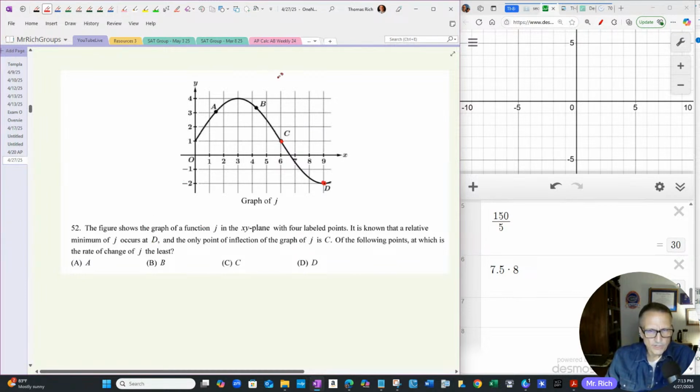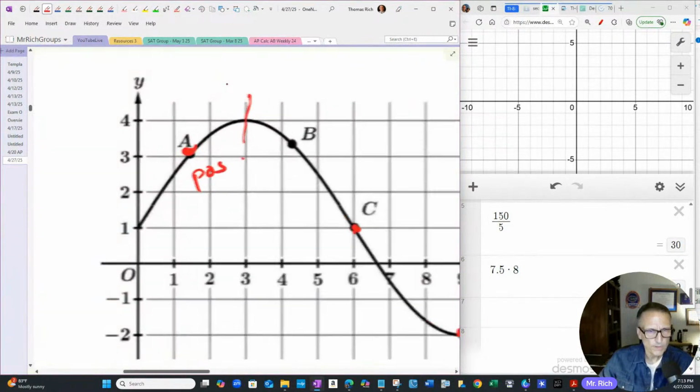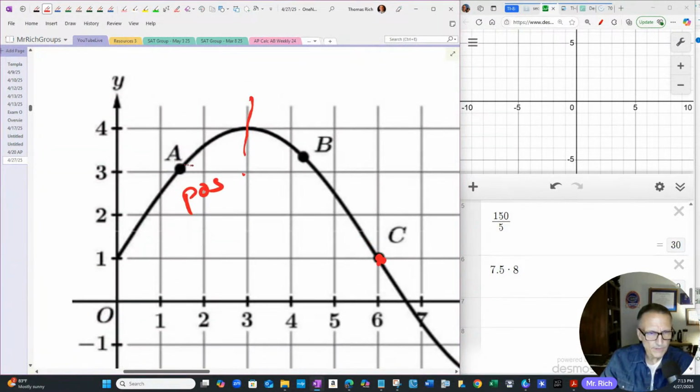Well, the rates of change have to do with the slopes. Now, one of the things that we know here is that the rate of change is positive here at A, because the function is increasing. The slope of the function right there is positive. Over here, the rate of change is negative because the function is decreasing.